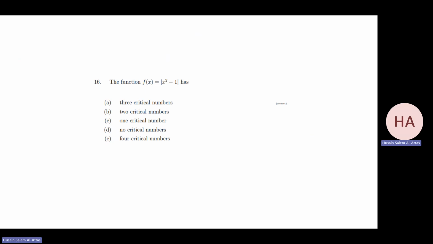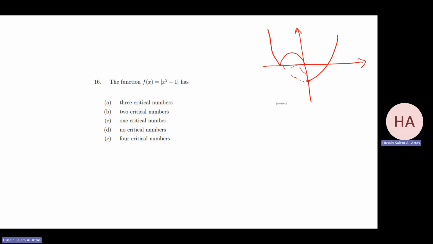One way to do it is through the graph. You know how to graph x squared minus 1. This is x squared minus 1. How to make the absolute value: I'll take this part and make it like this.